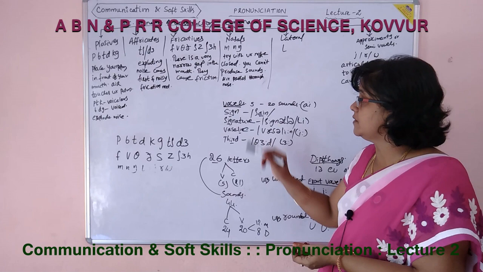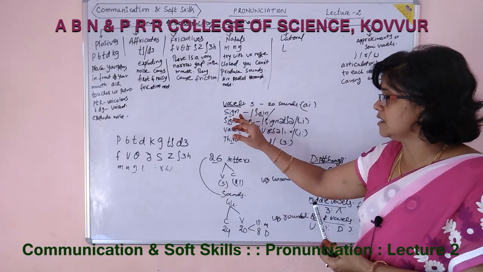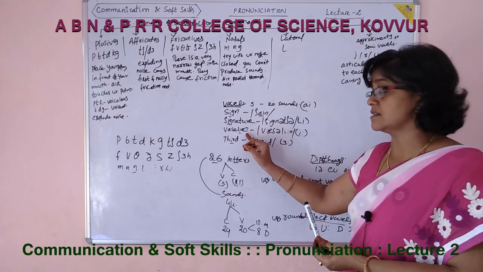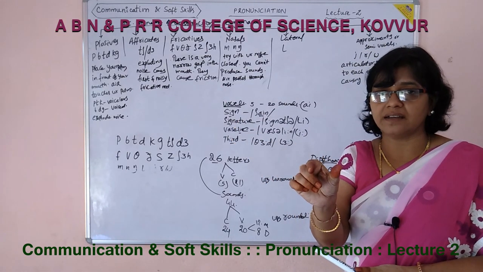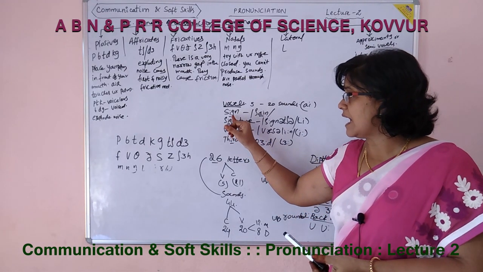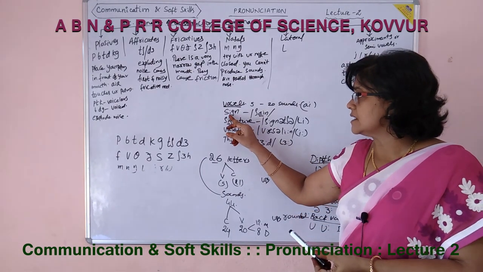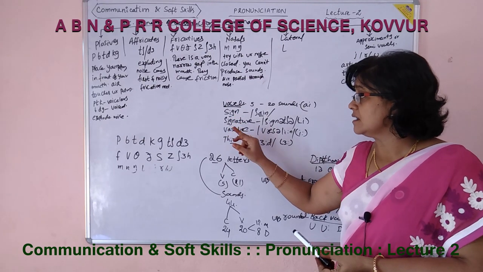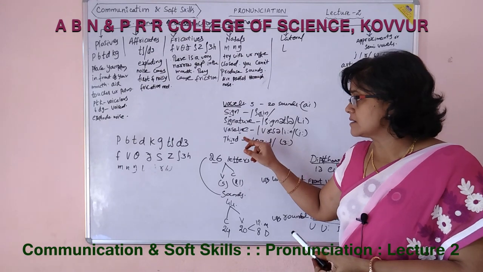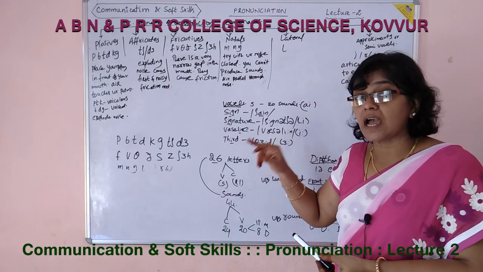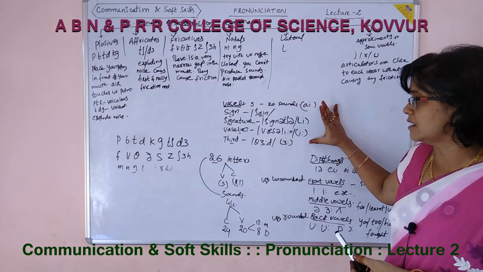For example, see the words here: sign, signature, Vaseline, third. In each and every word, you can see the letter I: SI in sign, SI in signature, LI in Vaseline, THI in third, but the sounds are entirely different.